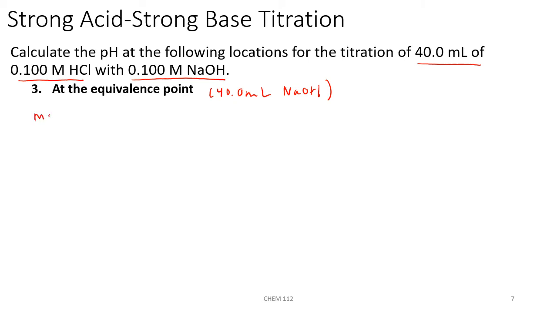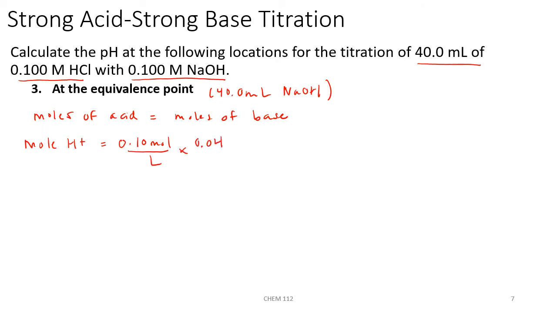Recall that at the equivalence point, that's where the moles of acid would be equal to the moles of base. We previously just calculated the moles of acid. Our moles of hydrogen ion were equal to our molarity, which was 0.1 moles per liter, times our volume in liters, which was 0.04 liters.